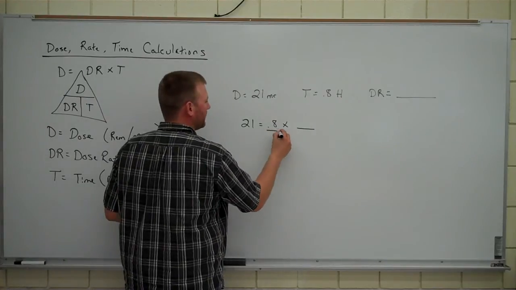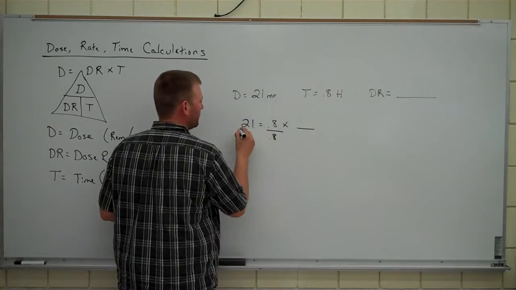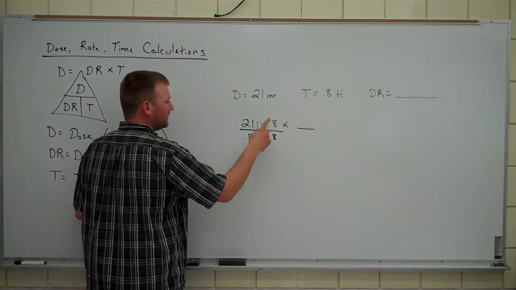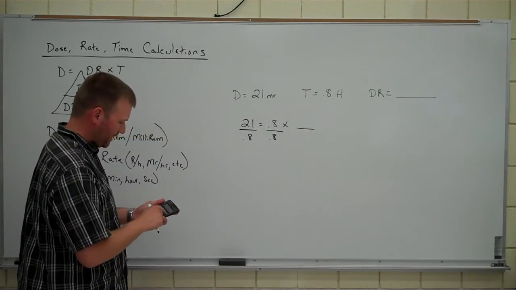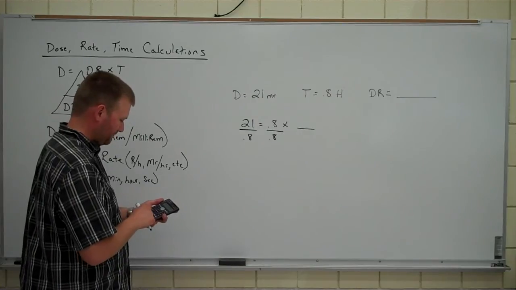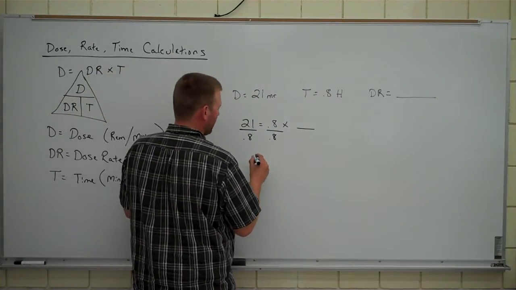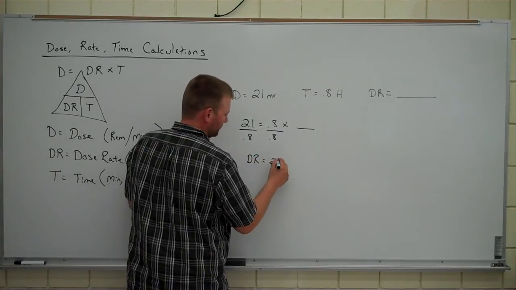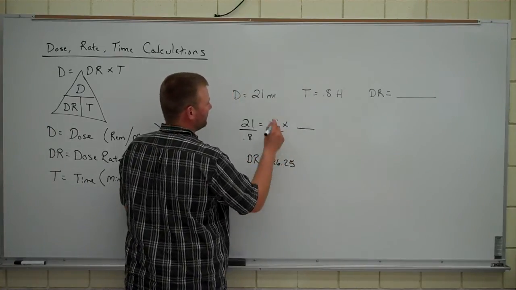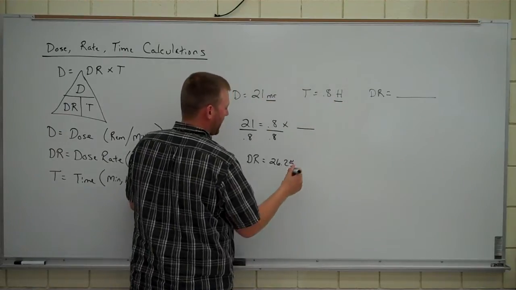Okay, we've got all that. We need to get 21 over here, get 0.8 underneath it. So we divide this guy out, we need that all by itself. So 21 divided by 0.8 tells us that that value of dose rate equals 26.25 MR per hour.